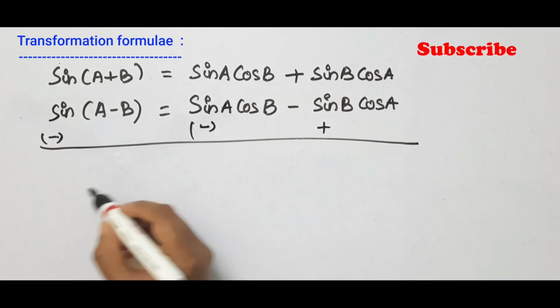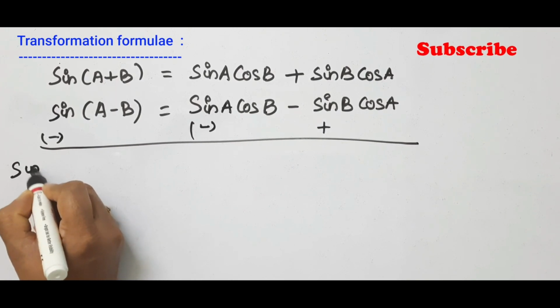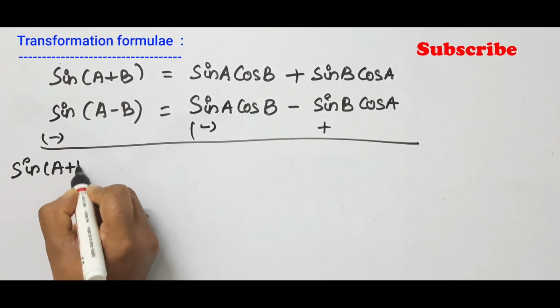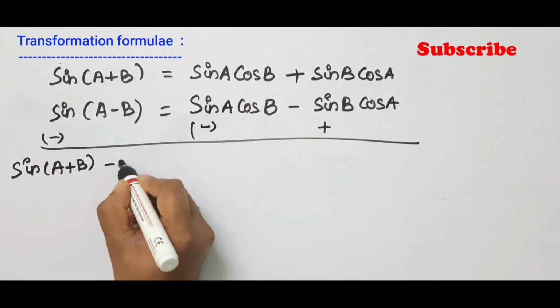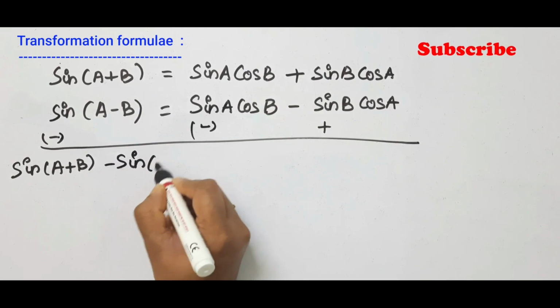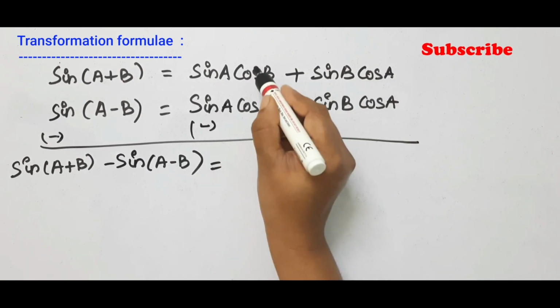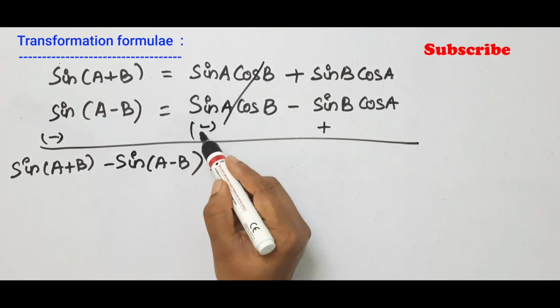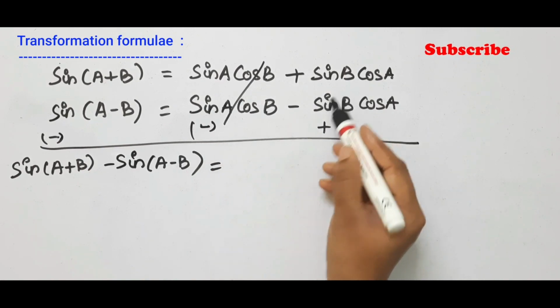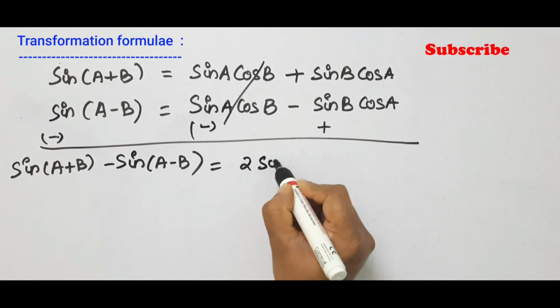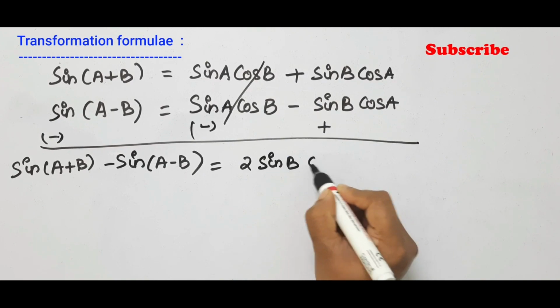So sin(a + b) - sin(a - b): these two get cancelled, one is plus and the other is minus, and we will get 2 sin b cos a.